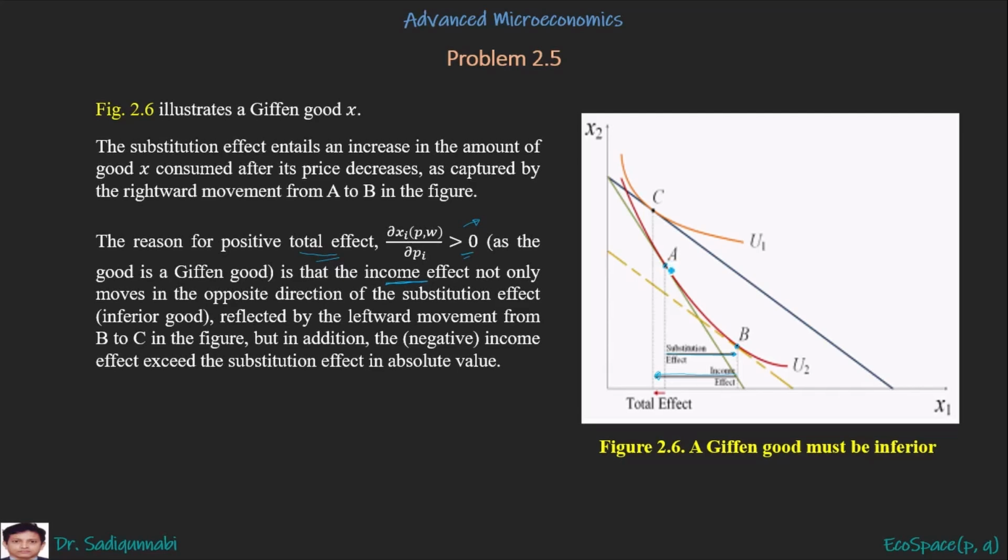The substitution effect is on the same utility function u2, and the income effect occurs when the original budget line pivoted to the right because of the price decrease.